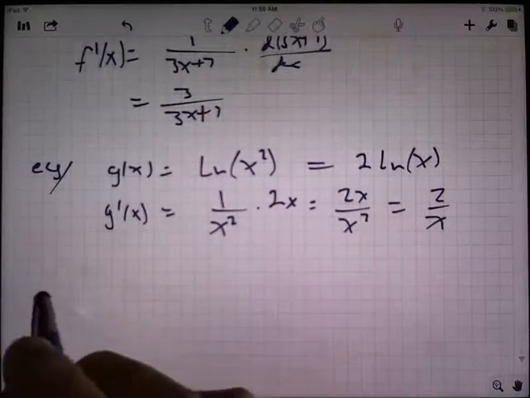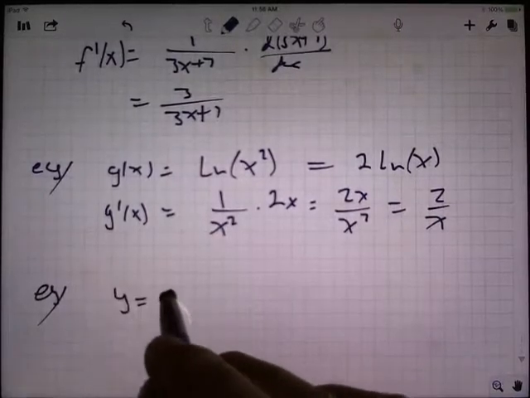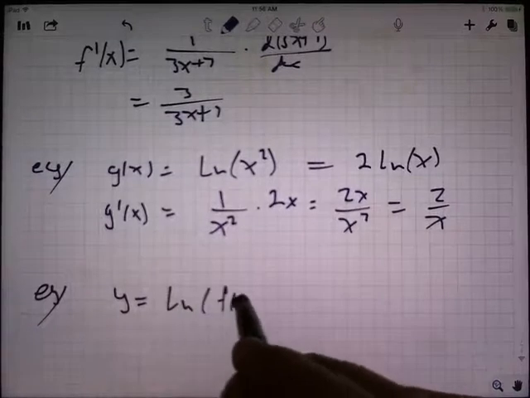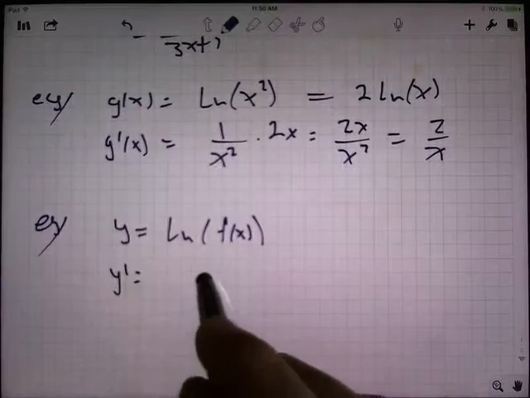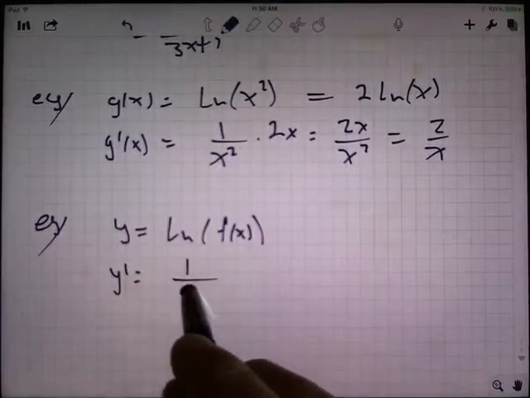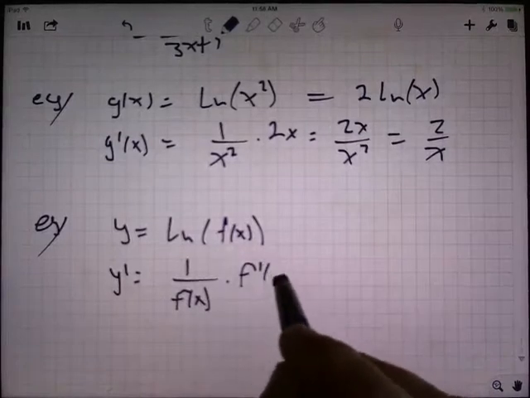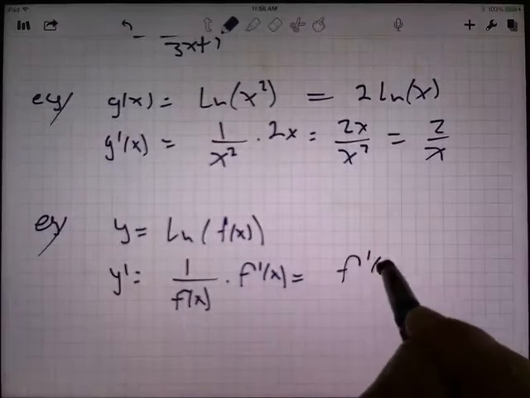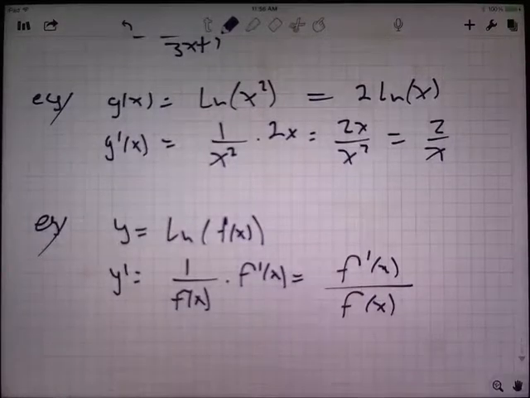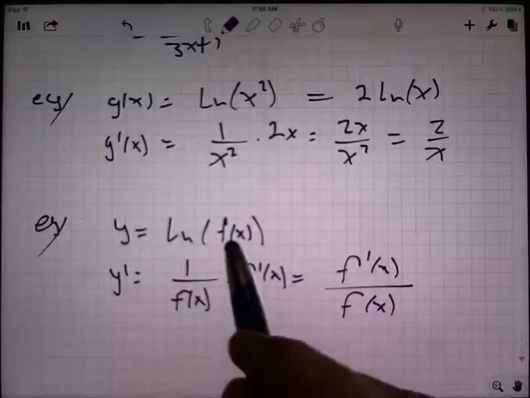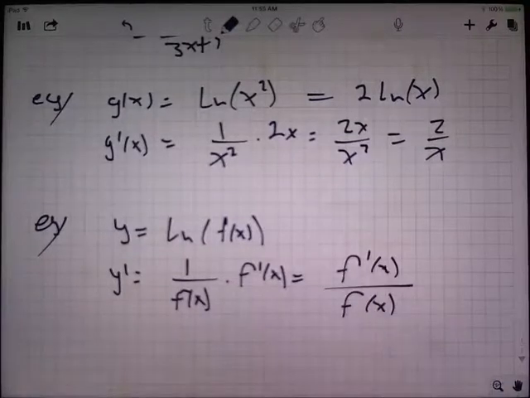But in general, if you've got y equals the natural log of a function, then the derivative is 1 over that function times the derivative of that function. It just looks like f prime of x over f of x. This is particularly easy to do. Whatever's in there, you just put it in the denominator and then take the derivative as the numerator.